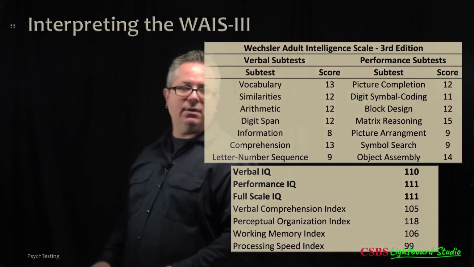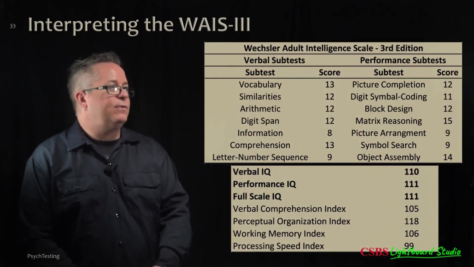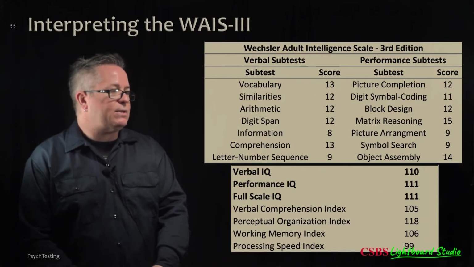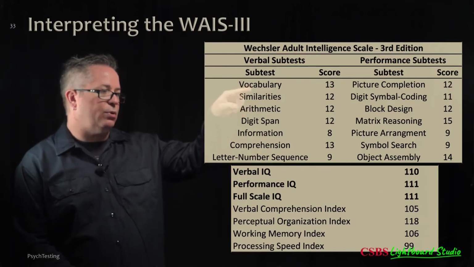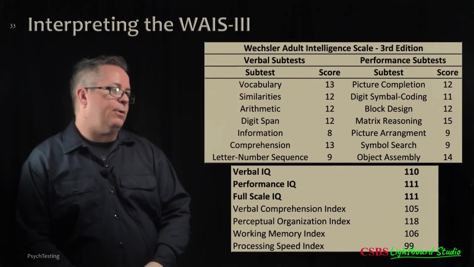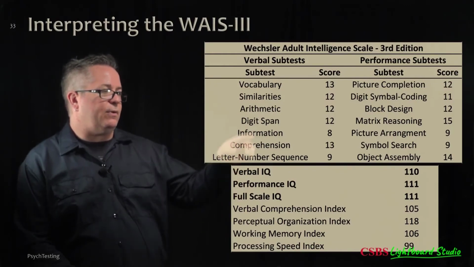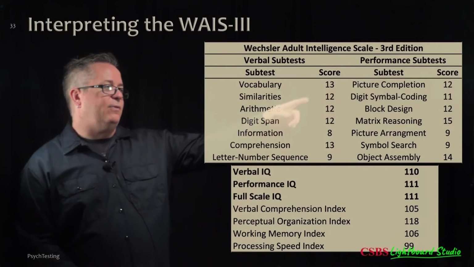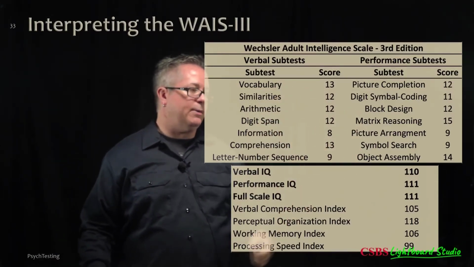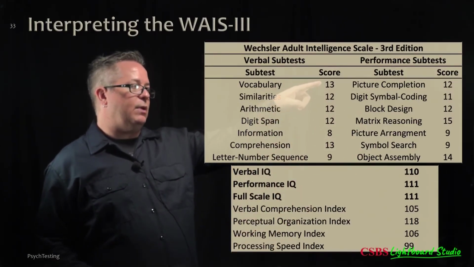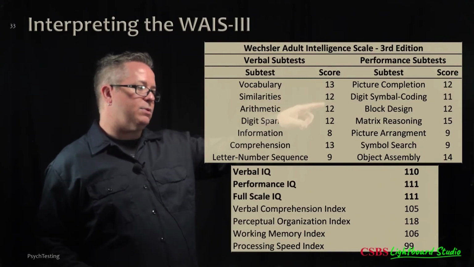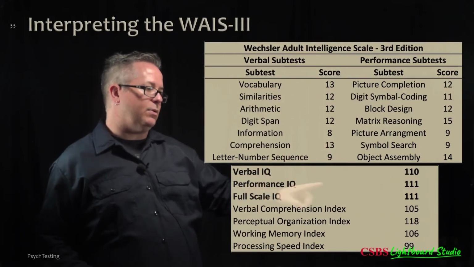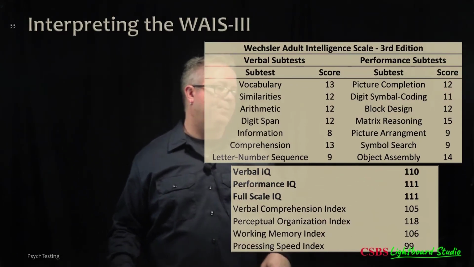So interpreting the scale can be rough. With the Wechsler Adult Intelligence Scale, 3rd edition, you've got verbal subtests, performance subtests, and you can see the different scores that are possible on each one. You can add them up. I'm not going to even attempt to score all these, but you can add up the verbal subtests and add up the performance subtests to give you the verbal and performance IQ.